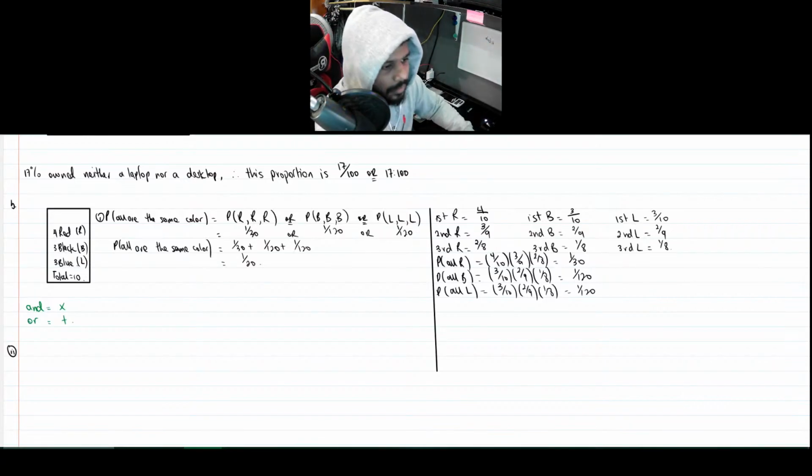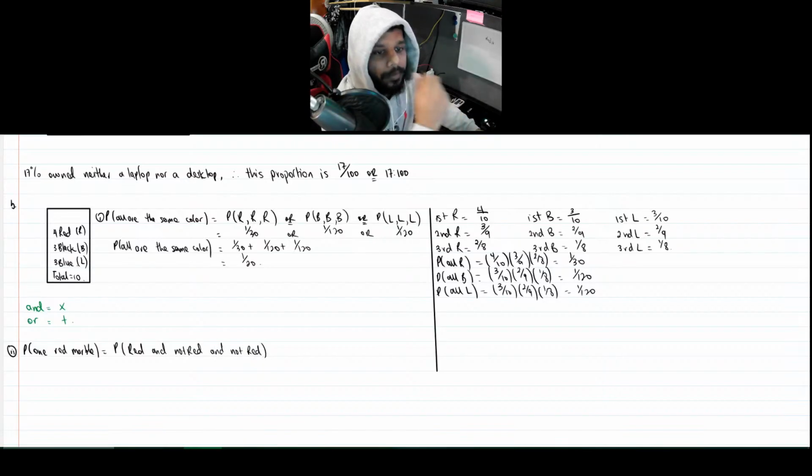So at the end of the day, one of the marbles has to be a red. So the probability that we have one red marble will be equal to the probability that we have a red and not red and not red, because it can either be a blue or a black.